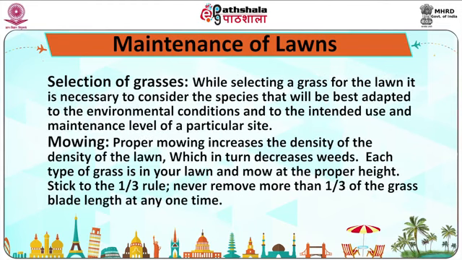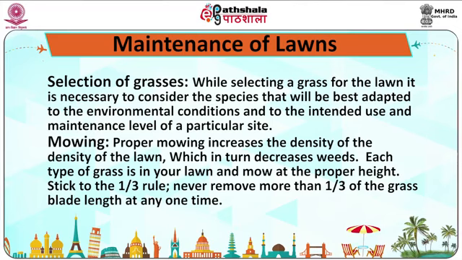Another important point which must be taken into consideration is the selection of grasses. While selecting a grass for the lawn, it is necessary to consider the species that will be best adapted to the environmental conditions and to the intended use and maintenance level of a particular site.